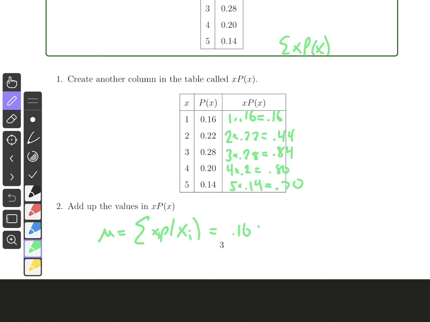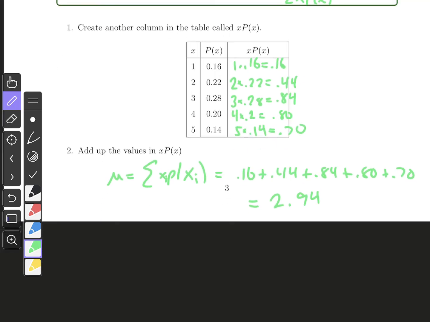So 0.16 plus 0.44, 0.84, 0.8, and 0.7. Pause to calculate with me. I'm typing these into the calculator right now, and I get 2.94.